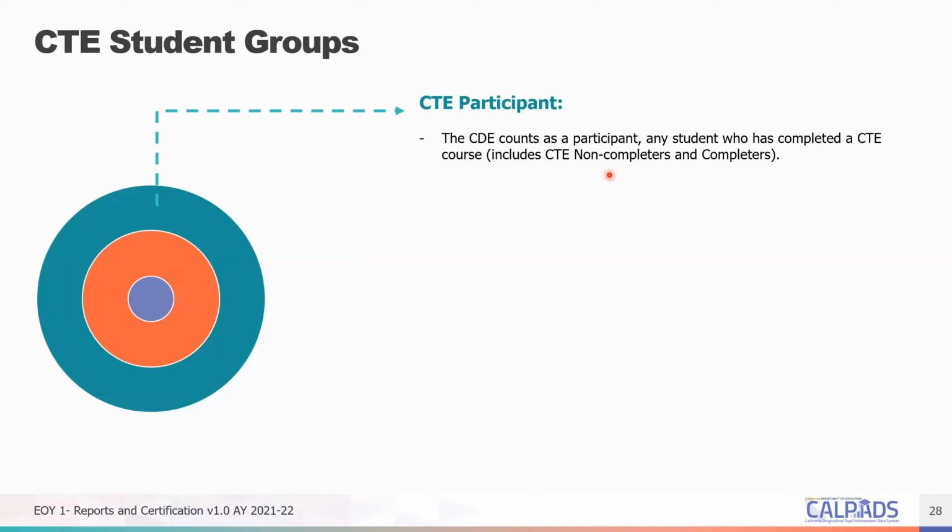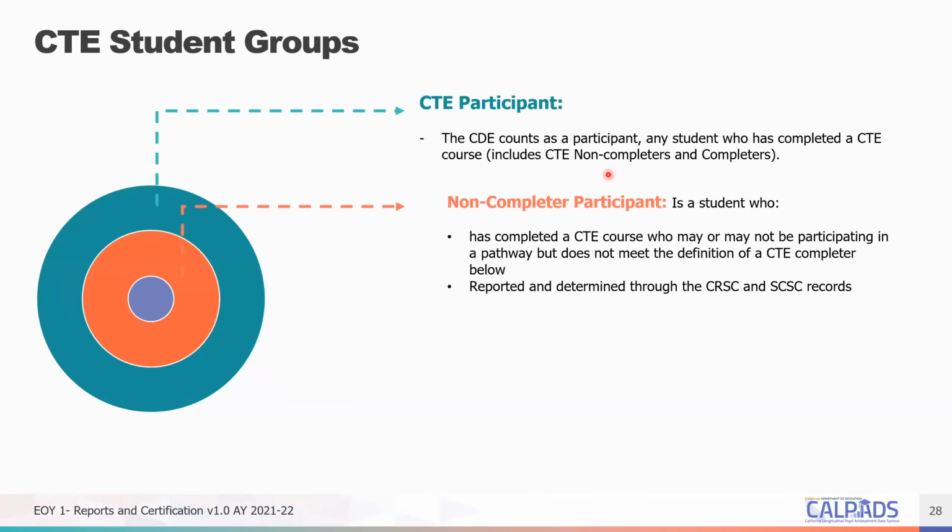A non-completer could be someone who is in a pathway but hasn't completed the full 3-course or 2-course pathway that the state prescribes. A non-completer could also be someone just taking any CTE course as an elective. A non-completer should only have 2 data sets, a CRSC and SCSC record. Do not submit an SCTE record for a non-completer participant.